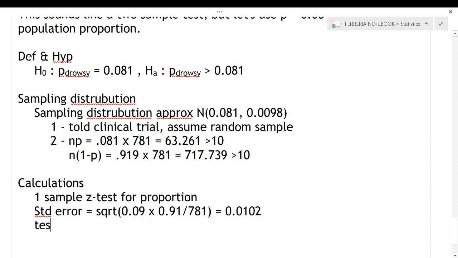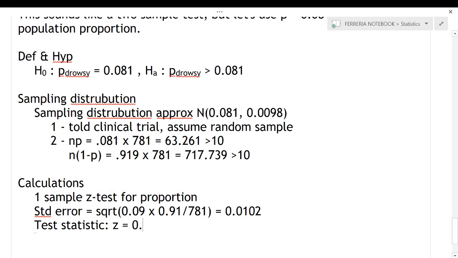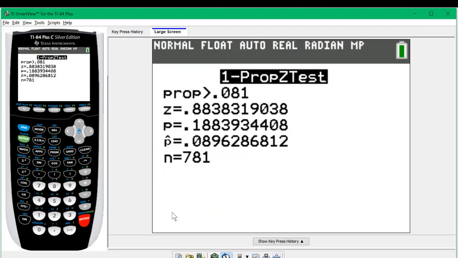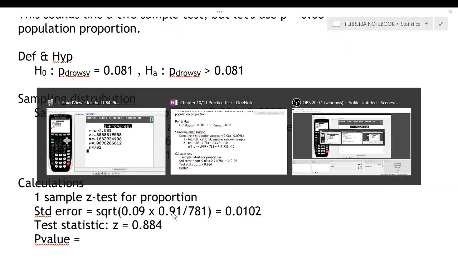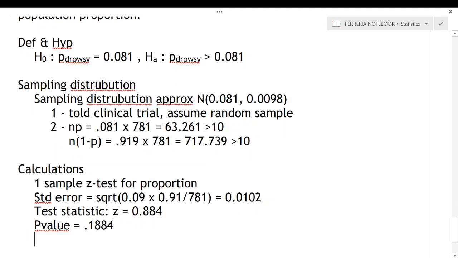What did we get for our test statistic? Z equals 0.884. We get a p-value of .1884.